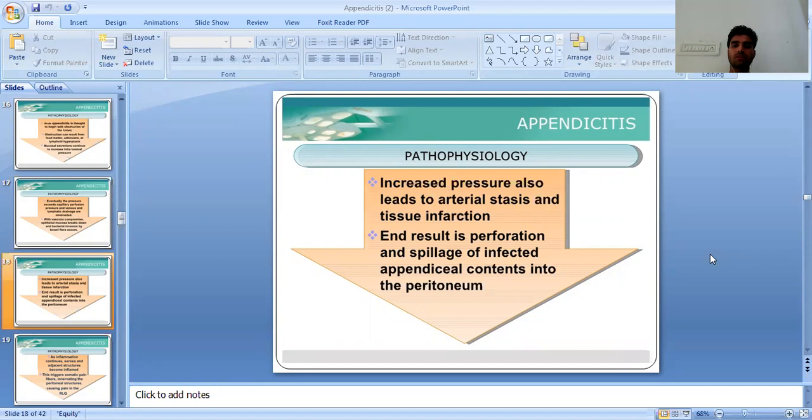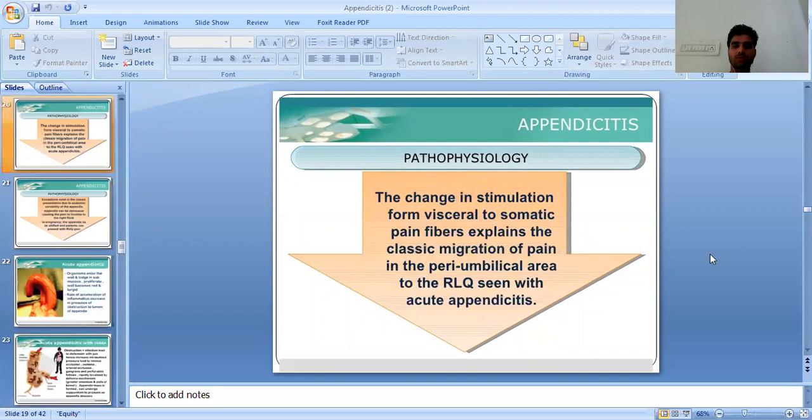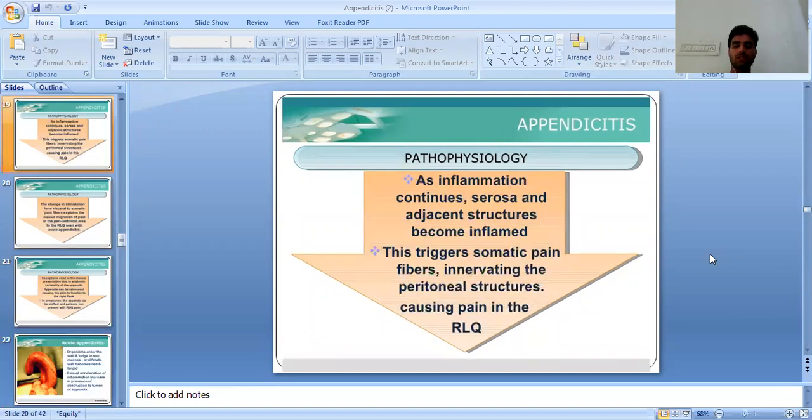Increased pressure also leads to arterial and tissue infarction, and the result is perforation and spillage of infected appendiceal content into the peritoneum. As inflammation continues, serosa and adjacent structures become inflamed. This triggers somatic pain fibers innervating the peritoneal structures, causing pain in the RLQ, right lower quadrant.